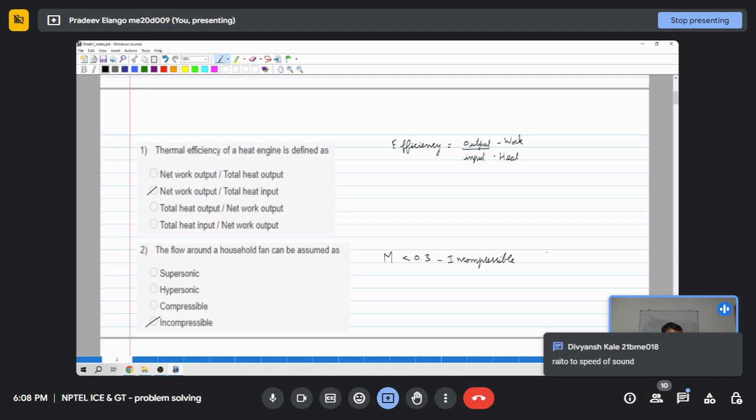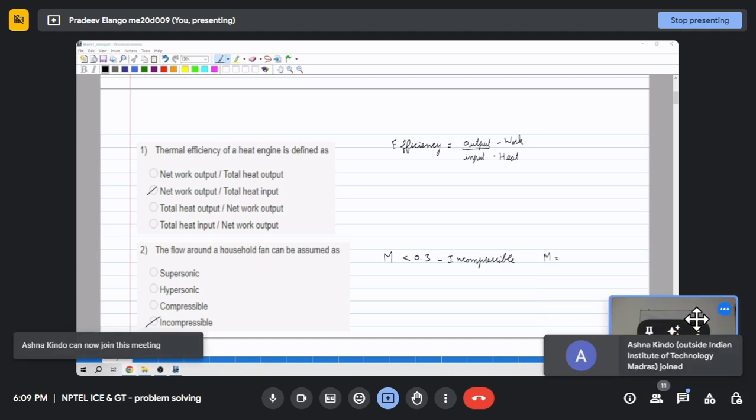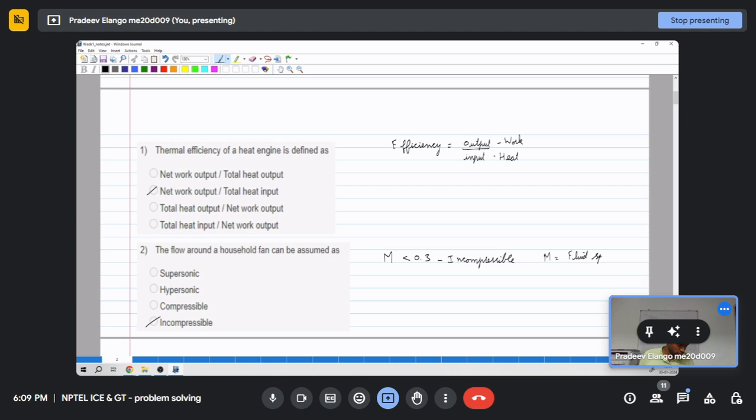Yeah, so Mach number is the actual speed, or the fluid speed, by the speed of sound in the fluid medium.